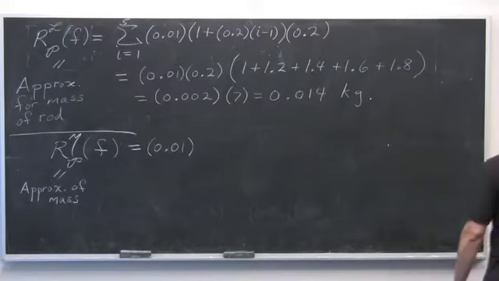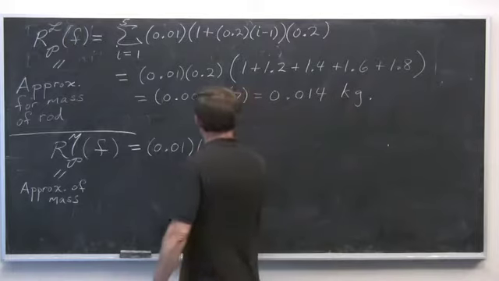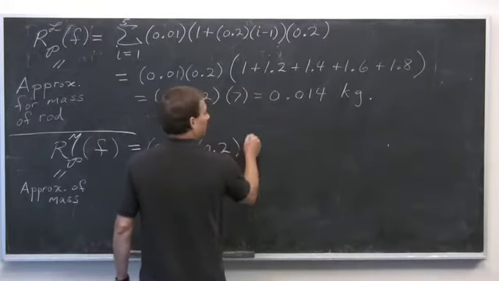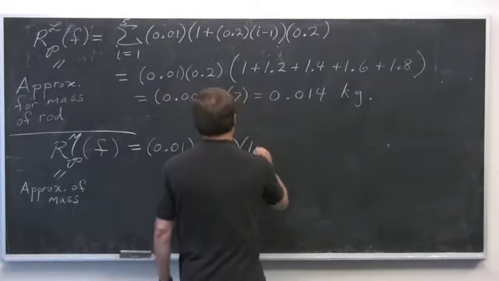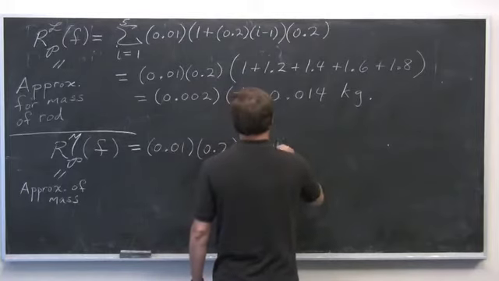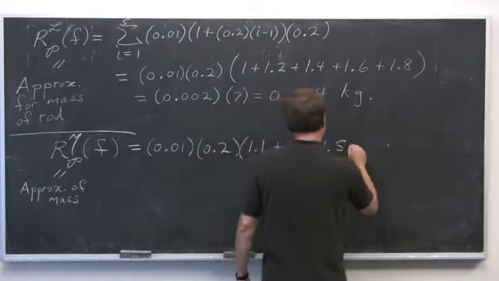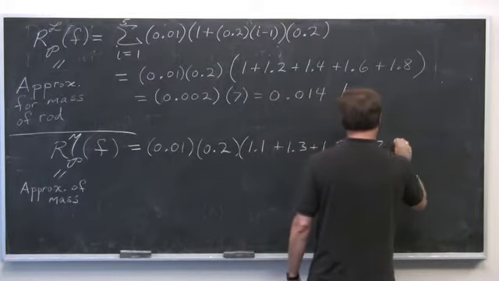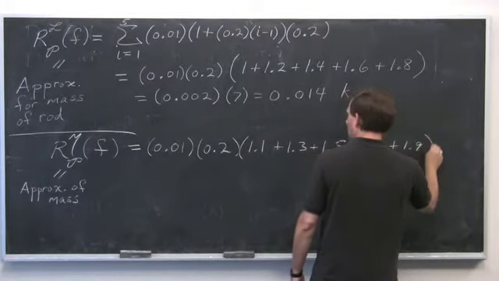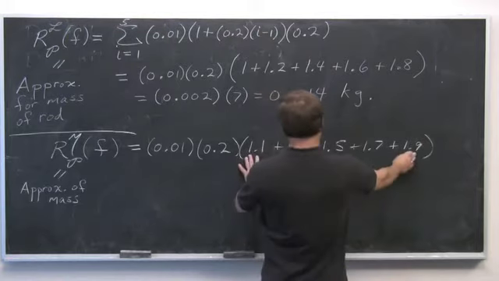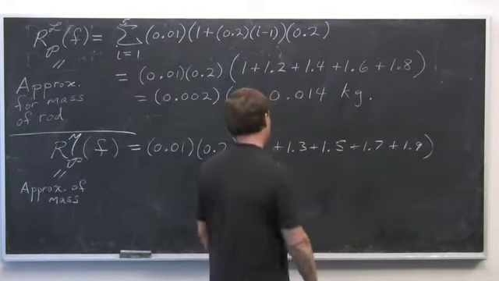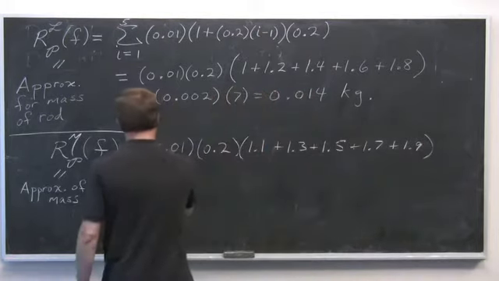We can factor 0.2 out of all of them. But now what you get is 1.1 plus 1.3 plus 1.5 plus 1.7 plus 1.9. What do you get? These add up to 7.5.